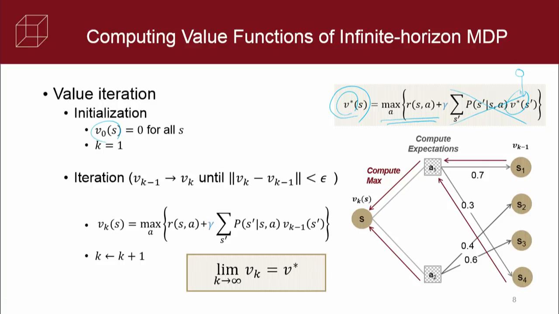So you plug the V into the right-hand side of the equations and get the updated value of V. And you again plug this updated V into the right-hand side and get another updated V. You keep doing this until the difference between two successive V values in the iterations becomes very, very small. And we can prove that this iterative update will converge to the optimal value V star.